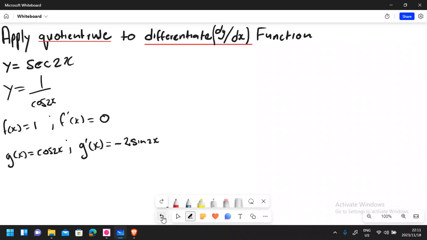Okay, now that we have found the derivatives of f of x and g of x, it's time for us to apply the quotient rule formula.